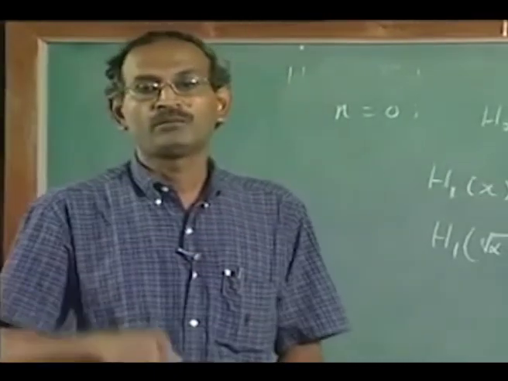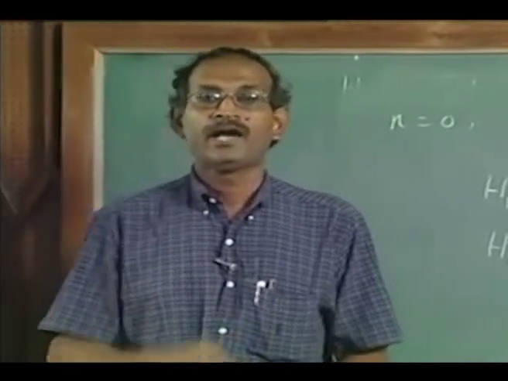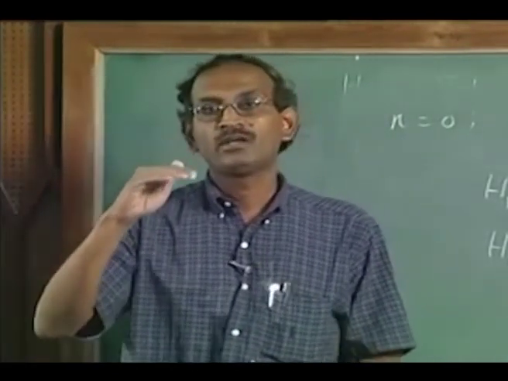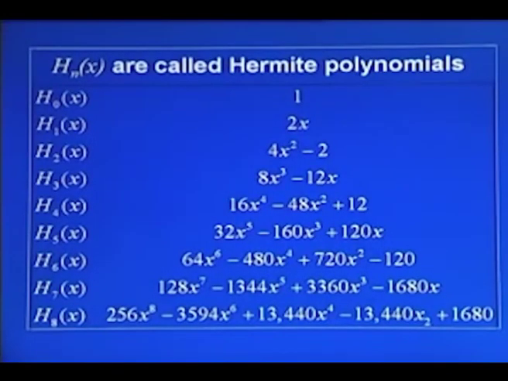The Hermite polynomials are, in principle, an infinite number of polynomials, and they are increasing powers of x as you have them here. For example, the Hermite polynomial of order 0 is a polynomial of degree 0. Order 1 is a polynomial in x of degree 1, simply x. Order 2 is a quadratic function. Order 3 is a cubic polynomial, and so on.